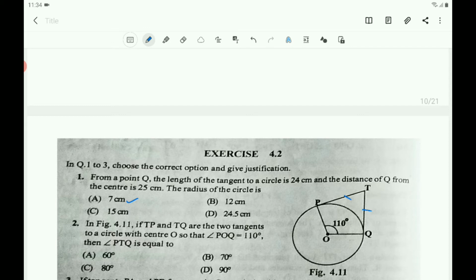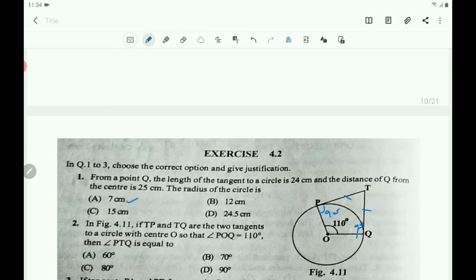And the angle at the center POQ is given, that is 110 degree. And this angle P is equal to 90 degree, that you know, because OP is the radius at the point of contact P. So OP must be perpendicular to TP, and similarly OQ is perpendicular to TQ, and this is 90, this is 90.